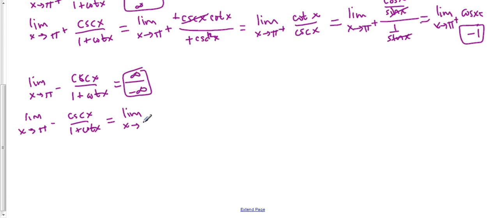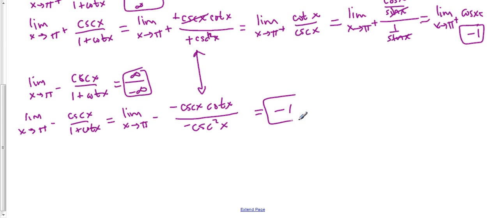So I still have the limit as x goes to pi from the negative direction, and the derivative of cosecant x is still going to be negative cosecant x times cotangent x divided by negative cosecant squared x. Now you can see that we're going to do the same algebraic steps. We're going to be able to cancel the same things, and we're going to substitute in the trig functions the same way we did. So we're going to get the same limit of negative 1.